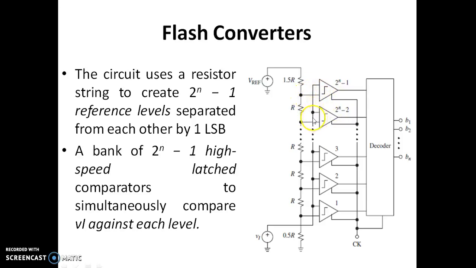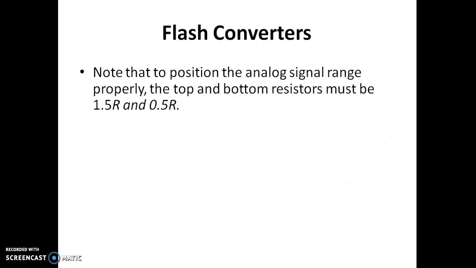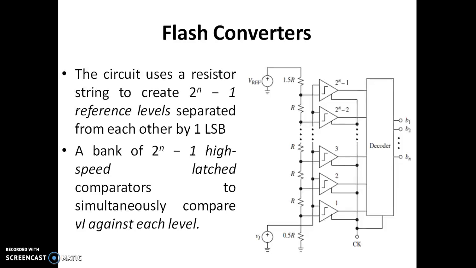Likewise, we get the output instantaneously. Note that to position the analog voltage range properly, the top and bottom resistors are made different: instead of making them 1R and 1R, the resistor at the bottom is 0.5R and this one is 1.5R.